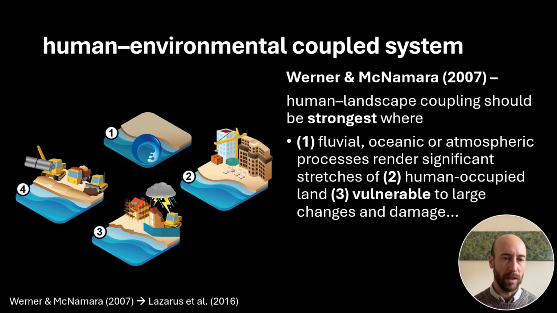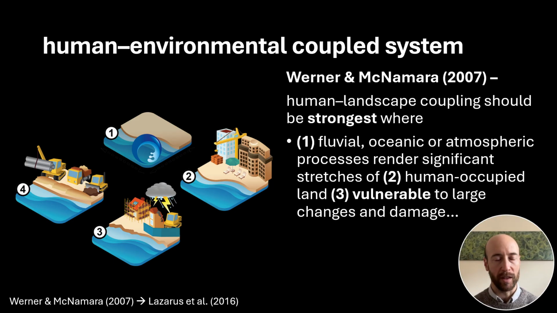So in this little clip art diagram on the left side of the screen, these are numbered. Essentially 1 is, in this case, a coastal stretch of land. In picture 2, that is the same land but human occupied.